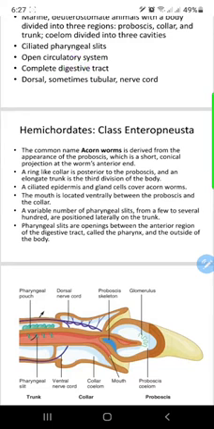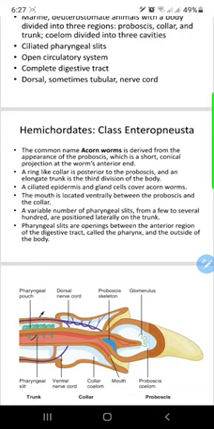There are ciliated pharyngeal slits, you can see here, an open circulatory system, and a complete digestive tract.